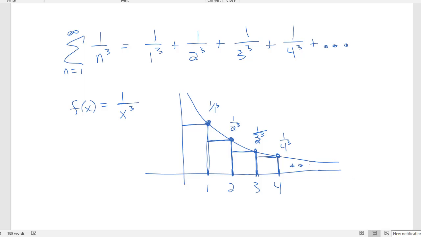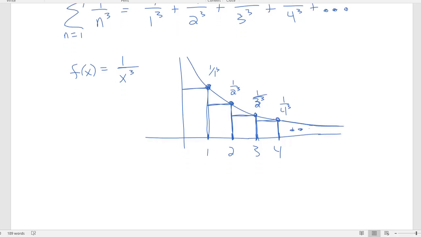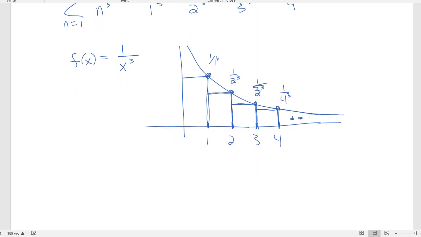So we can think of the terms of the series as being points on this smooth continuous curve. We can think of these points on the smooth continuous curve as representing areas of approximating rectangles. Now what we just determined by integrating that function is that the integral converged, right?